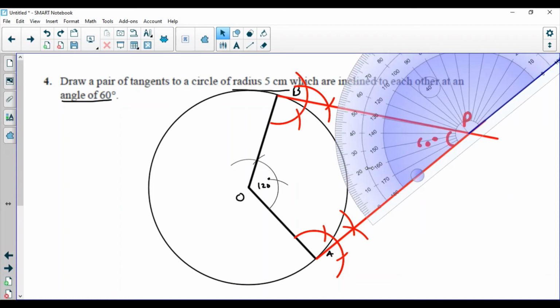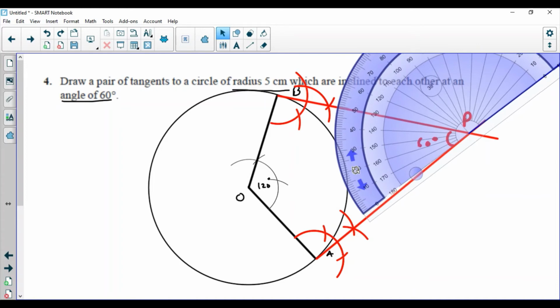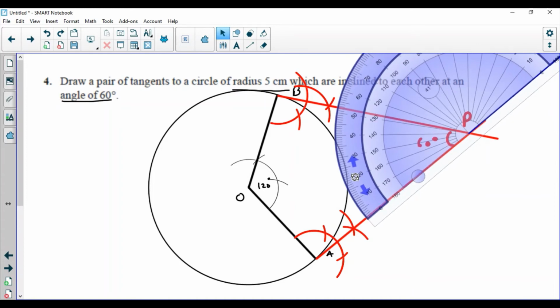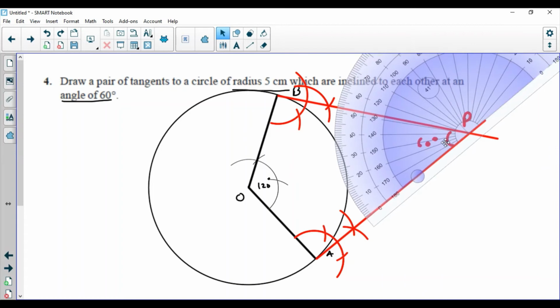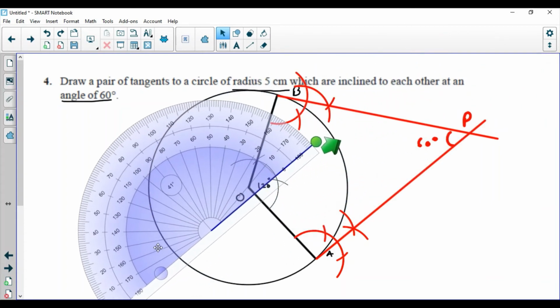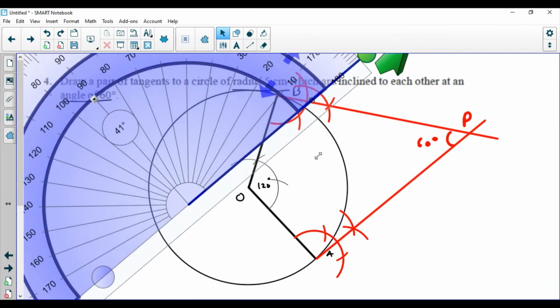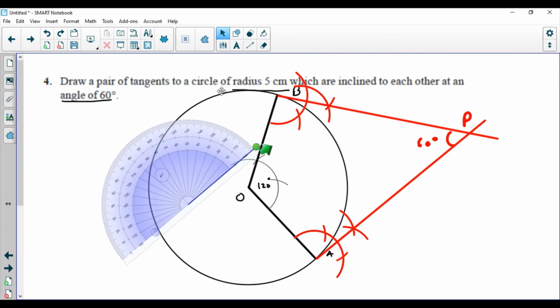Okay, for me it is 53, but it should be 60. Okay, so this way we can verify whether we got the correct or not. Better it should be 60.